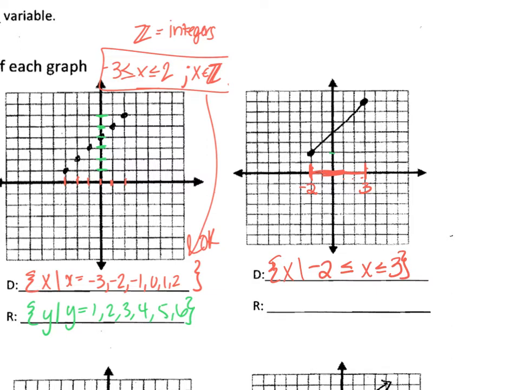And my range goes from here to here, so from 2 to 7, such that 2 is less than or equal to y less than or equal to 7.